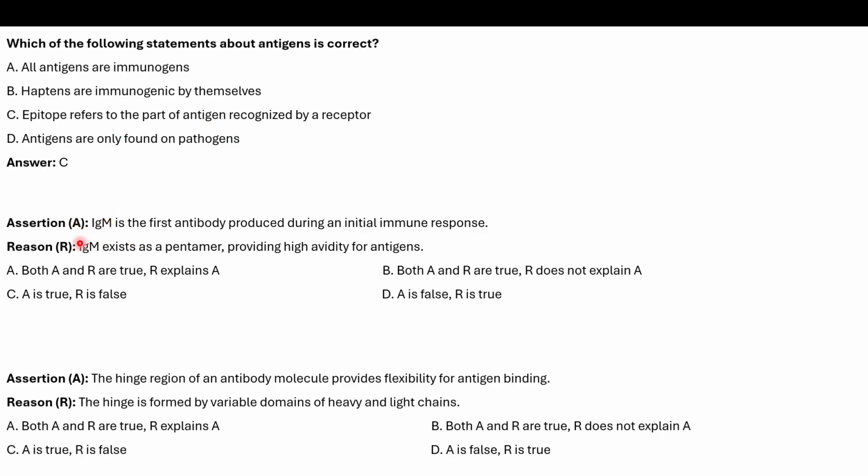Next is again a statement and assertion and reasoning type of question, where the first statement is IgM is the first antibody produced during an initial immune response, and IgM exists as a pentamer providing high avidity for antigens. Avidity refers to how tight the interactions are between the antigen and the antibody. So high avidity means the specific recognition of the antigen by the antibody is really strong.